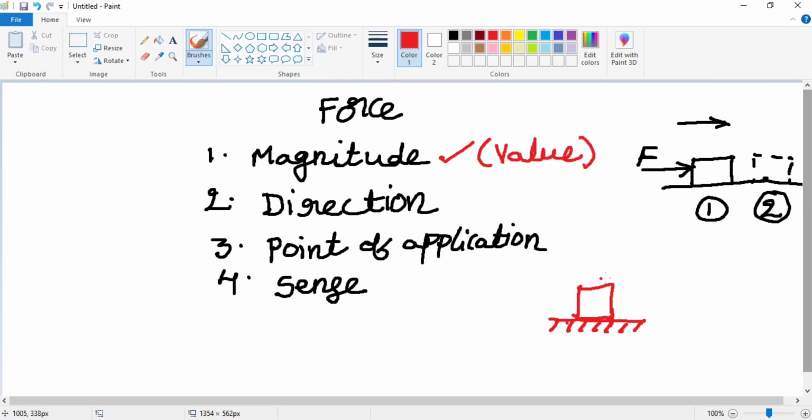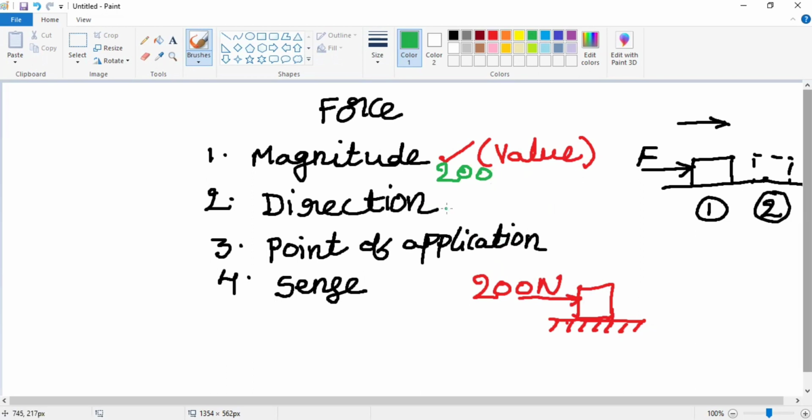How much force will be applied on the body? Suppose 200 newtons of force is applied here. So 200 is the magnitude.